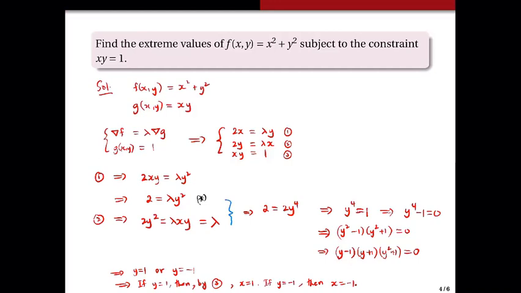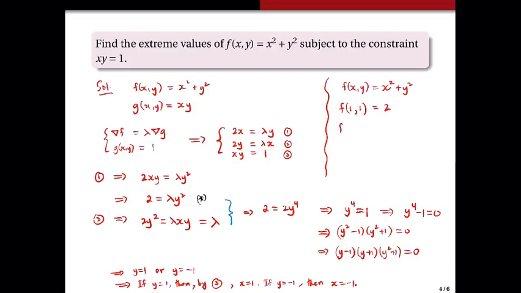Now, let's look at this. We have f of x comma y equals x squared plus y squared. f of 1 comma 1, for the point 1, 1, we have 2.